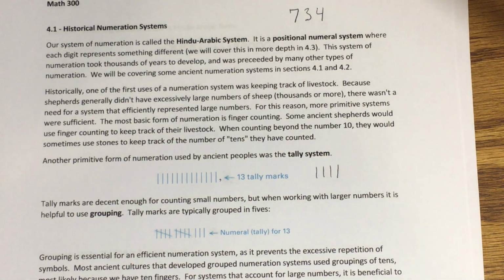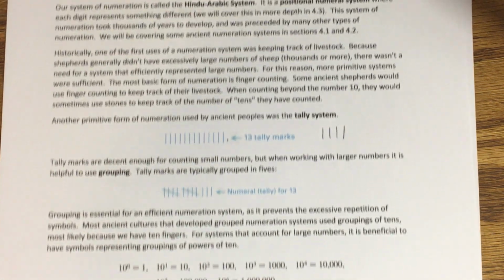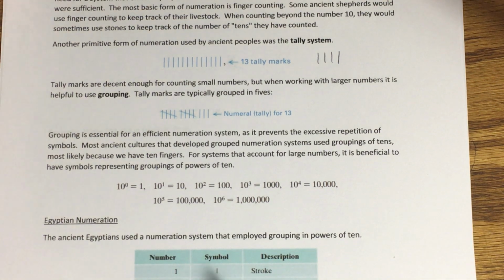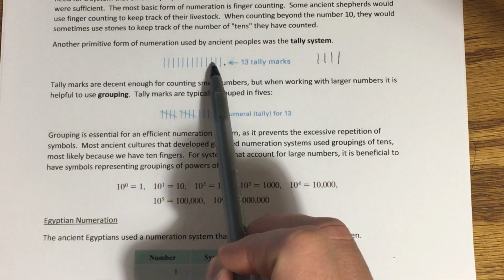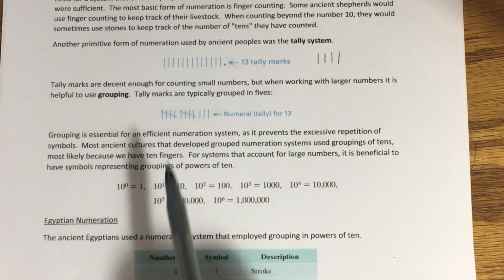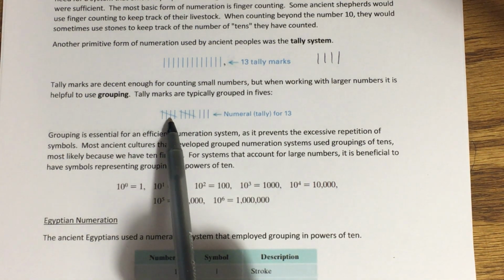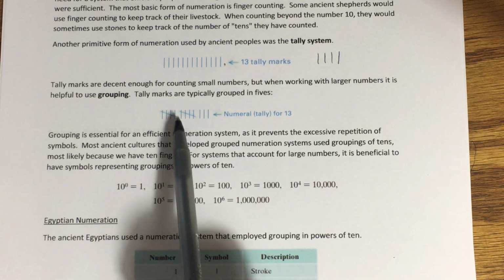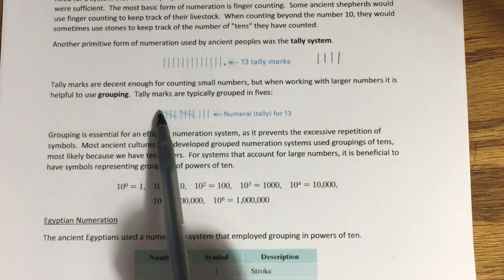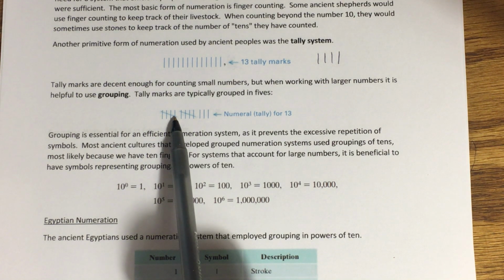And so this is where we introduce the concept of grouping. You probably remember doing this when you first learned how to do tallies. Rather than just put 13 lines right next to each other, every time we count out 5, that 5th mark we use as a slash through the previous 4.